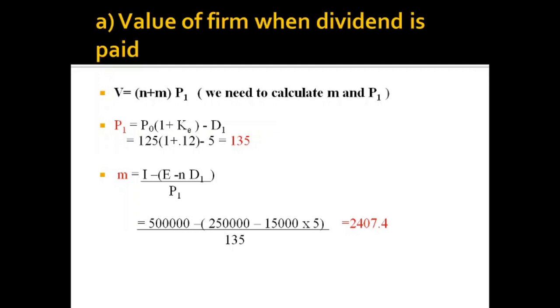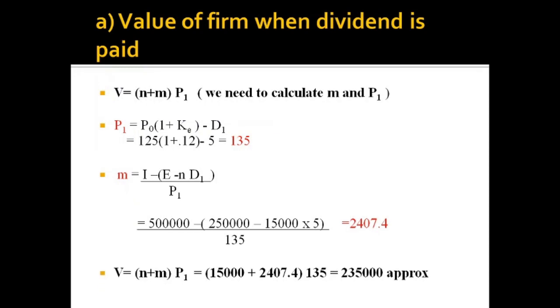Now we substitute the values of M and P1 into the formula: value of the firm is equal to (N plus M) into P1, which is (15,000 plus 2407.4) into 135, equal to 2,35,000 approximately. So the value of the firm when the firm is paying a dividend of rupees 5 is 2,35,000.